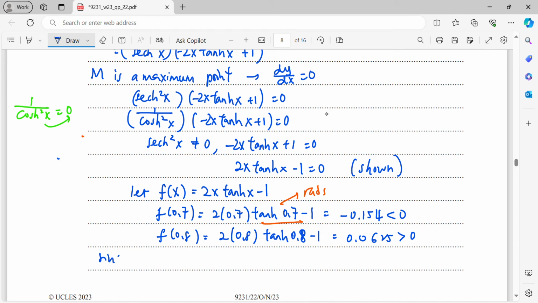So you just write: since f(0.7) is less than 0 and f(0.8) is greater than 0, that is a sign change.